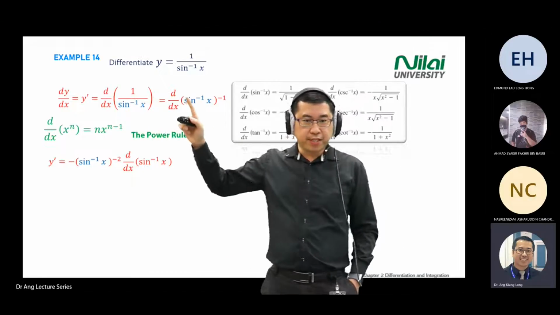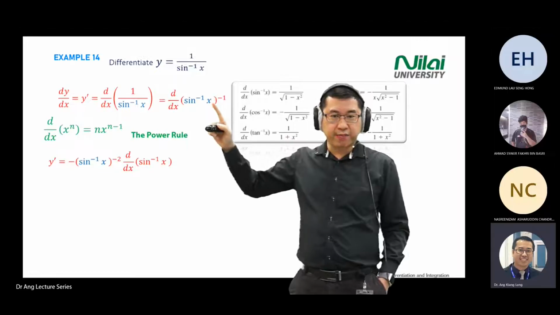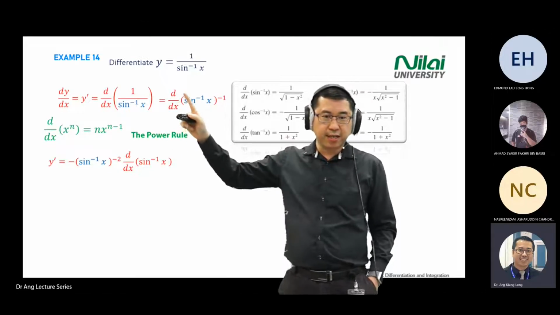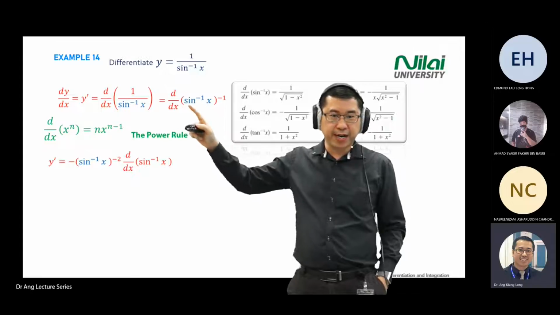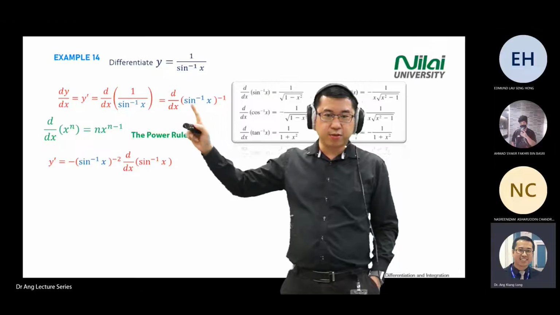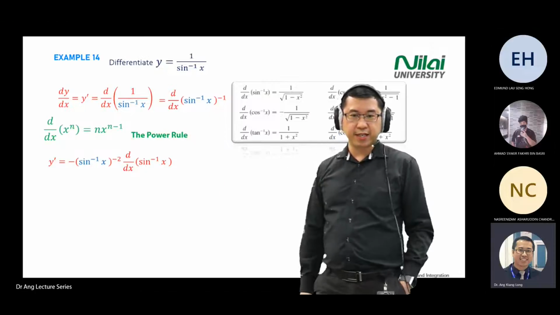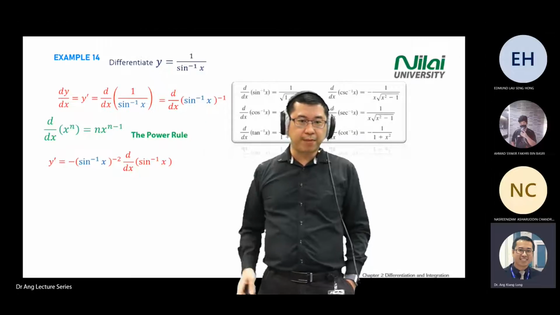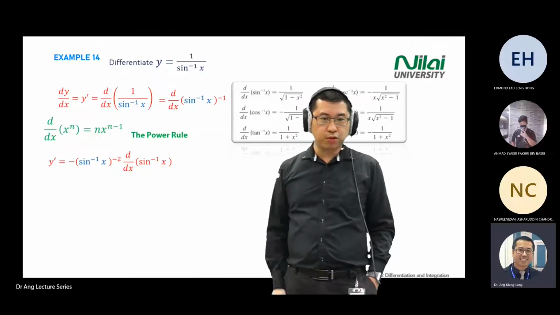When you differentiate something in the bracket with an x inside, you are still seeing x inside the bracket, then you need to differentiate one more time after you use power rules.